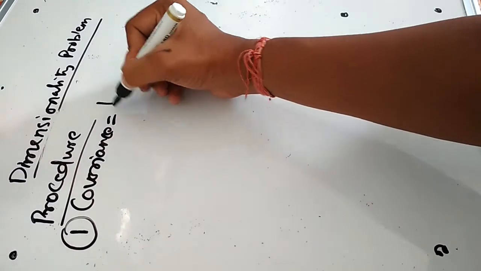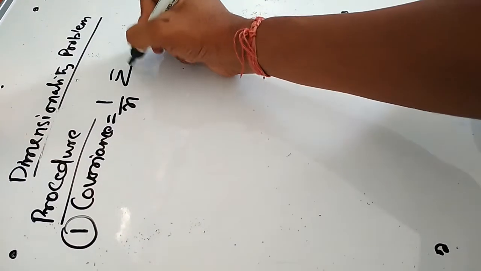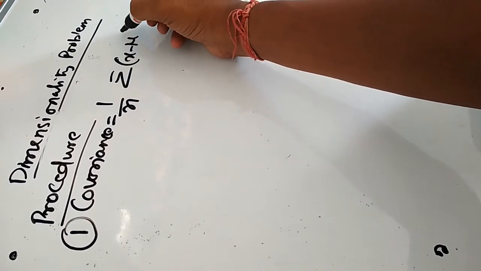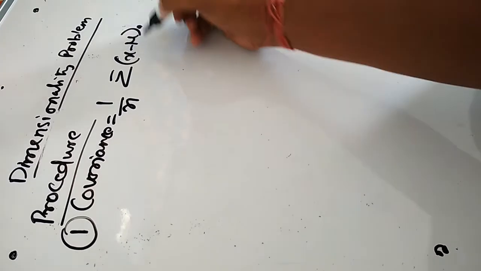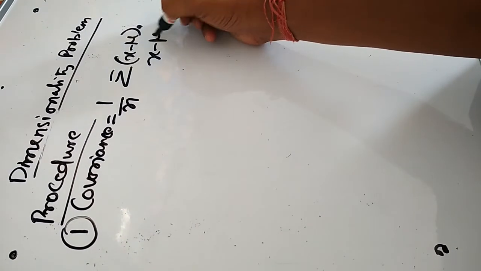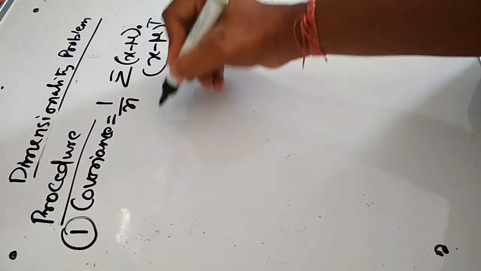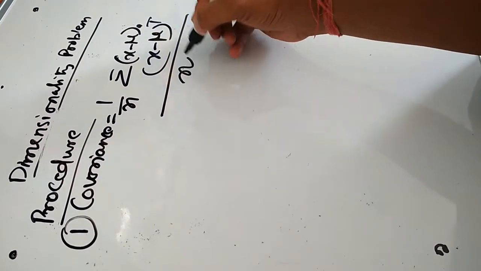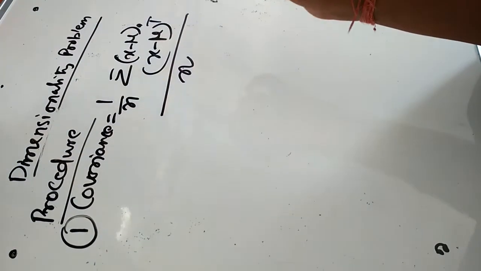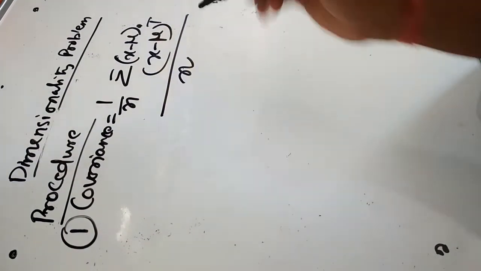Covariance is calculated as 1/n summation of (x minus μ) into (x minus μ) whole transpose.